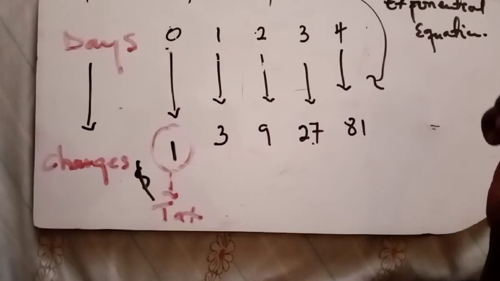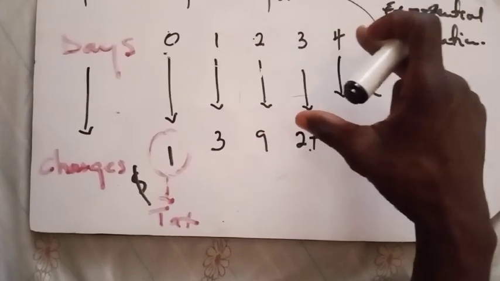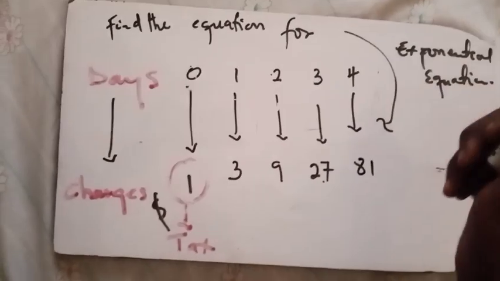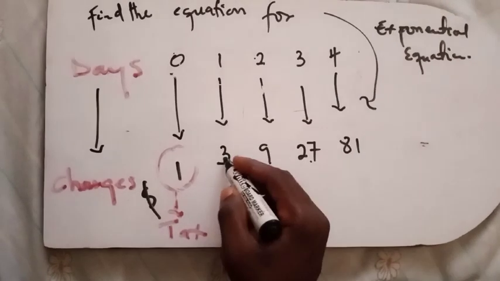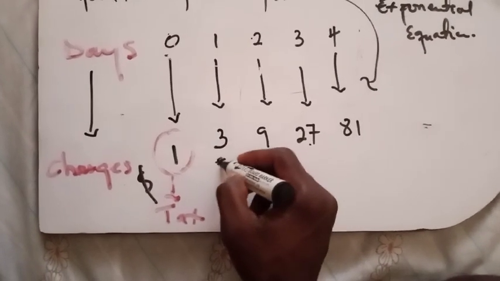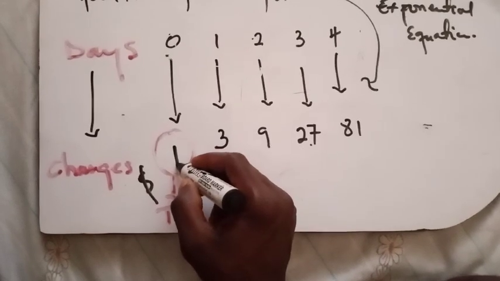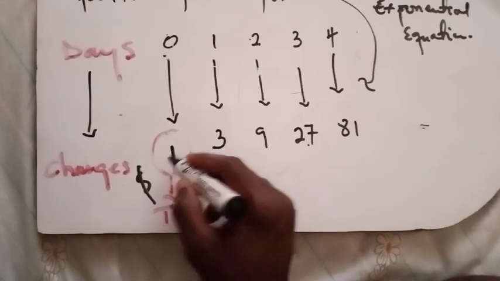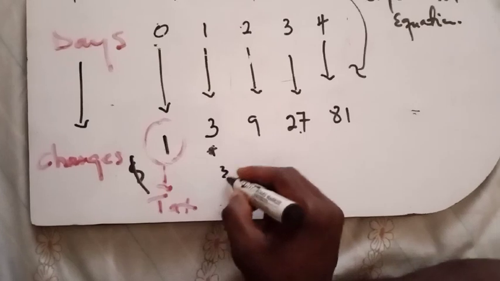Now, in order to determine why this is an exponential equation, you first of all have to make sure that you are finding the ratio. What I mean by the ratio is that you see this 3 here, divided by the previous charge, so that's 3 on 1, that is going to be 3, right?